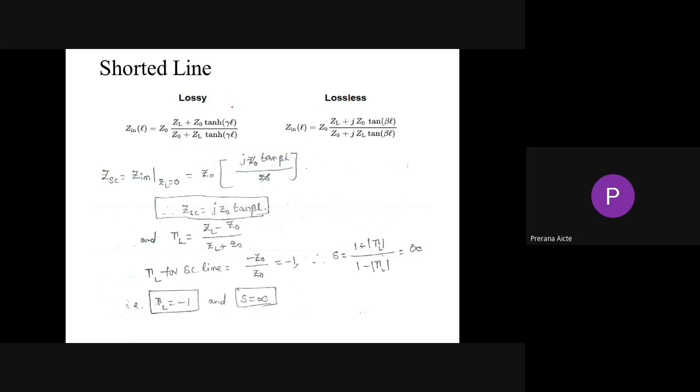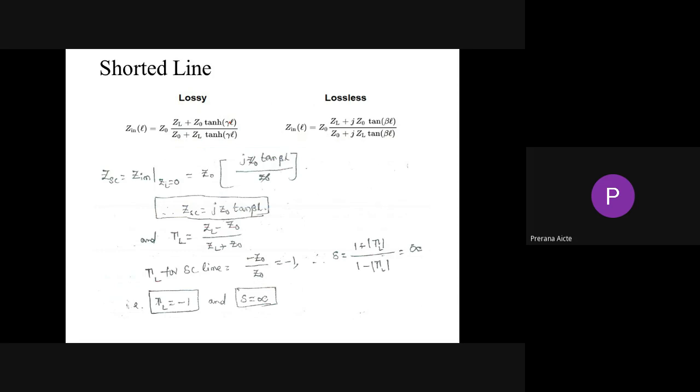For a lossless transmission line, the input impedance of a length L is Z in of L equals Z naught into Z of L plus j Z naught tan beta L, whole divided by Z naught plus j Z of L tan beta L. In the lossy transmission line we consider gamma as alpha plus j beta, but in the lossless transmission line alpha is equal to 0.